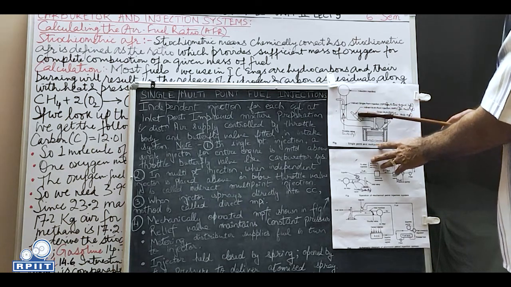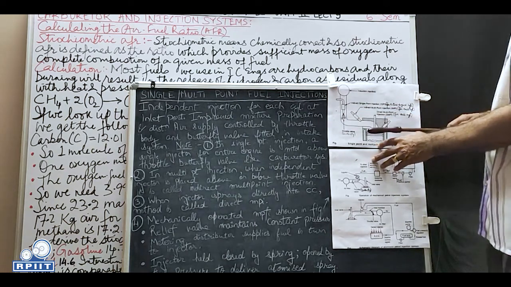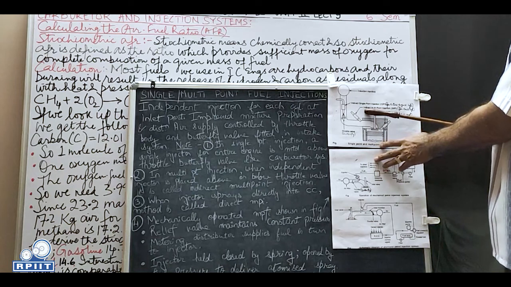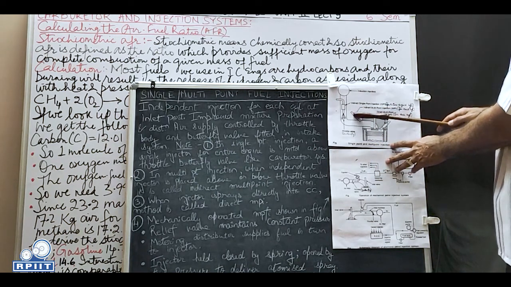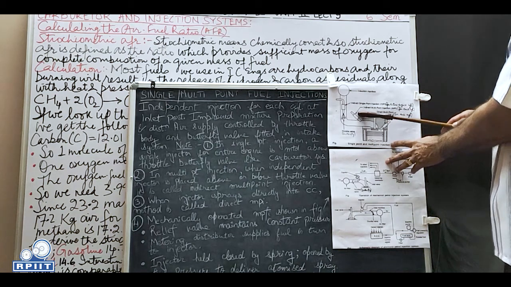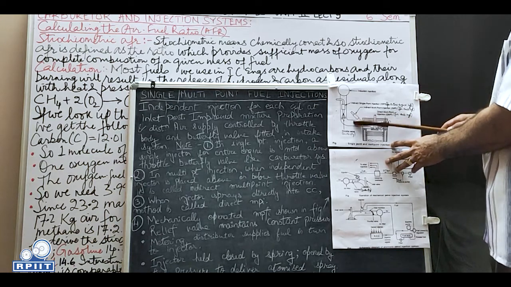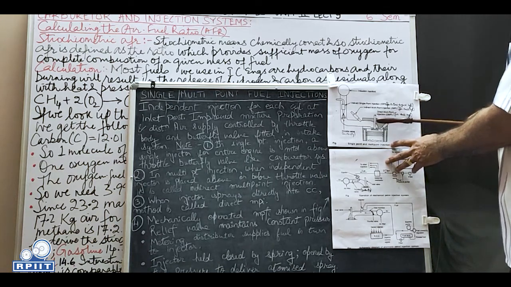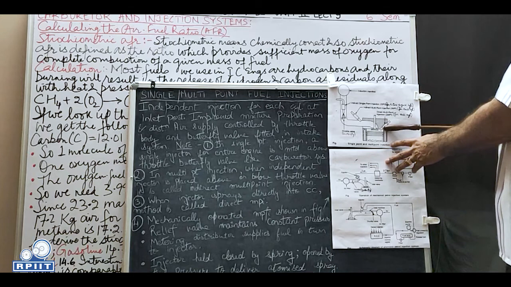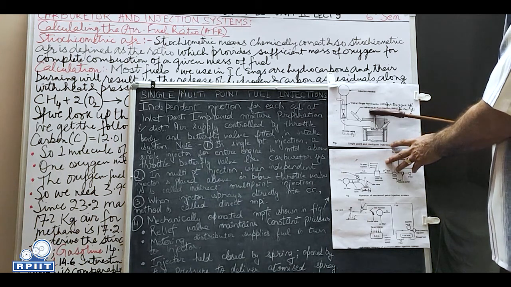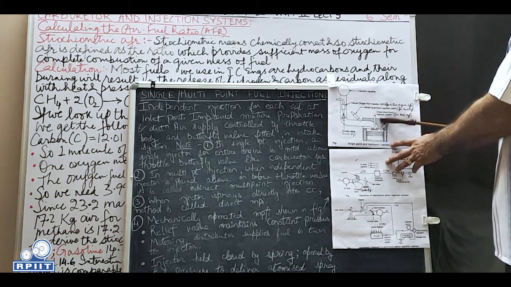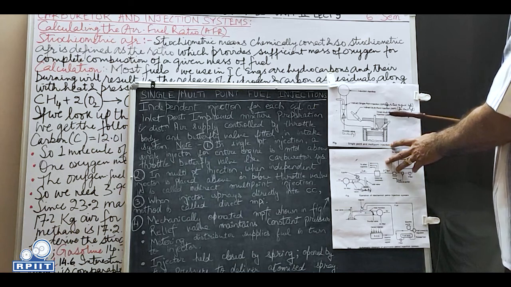Now, if it is placed after the butterfly valve, it is called indirect multi-point injection, IMPI. For each cylinder, there will be one. Multi-point means for each cylinder there will be one. And if it is placed directly next to the inlet valve on the cylinder head, it is called direct multi-point injection for each cylinder.